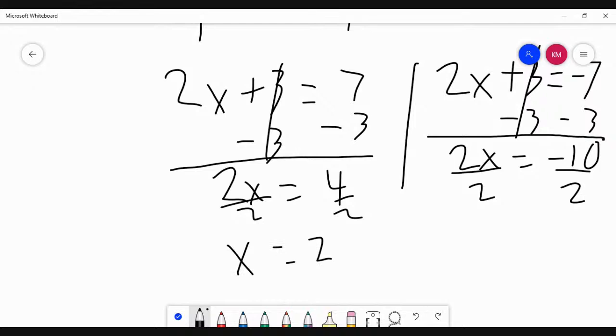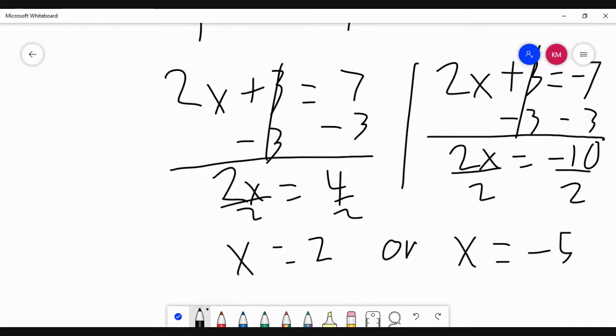And x equals 2, or x can equal negative 5 to give you your equation, absolute value equaling 7.